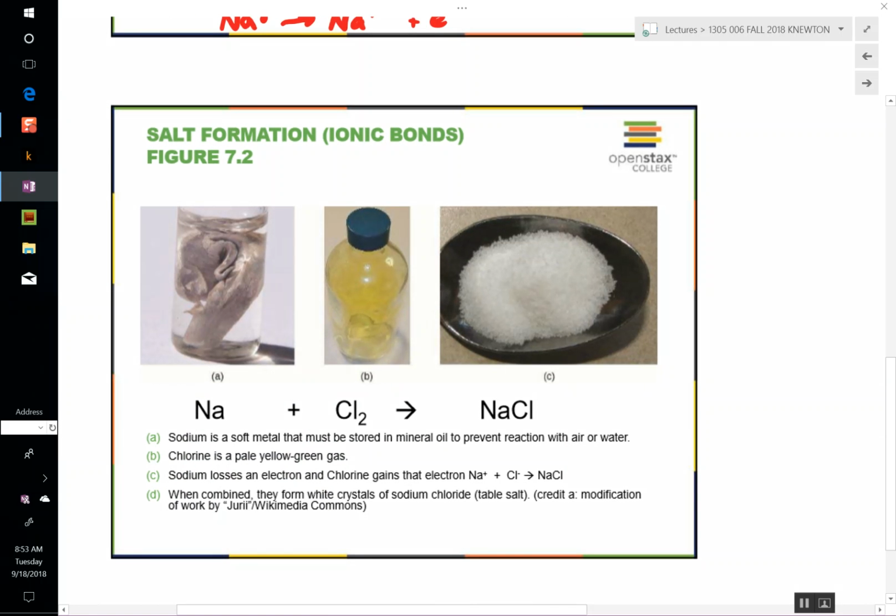It's not going to react anymore. This sodium is happy next to the chloride ions. The chloride ions are happy next to the sodium ions. And you swallow them, they dissolve into sodium and chloride ions, and they don't hurt you. But the element will.